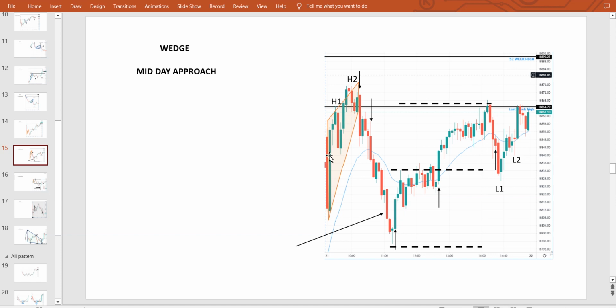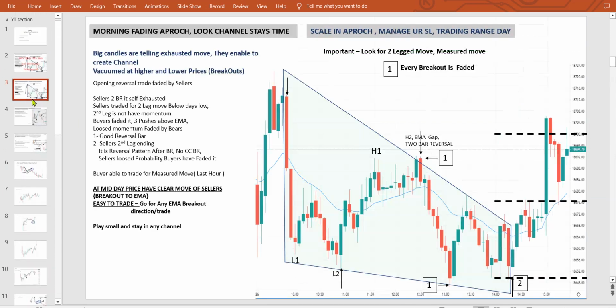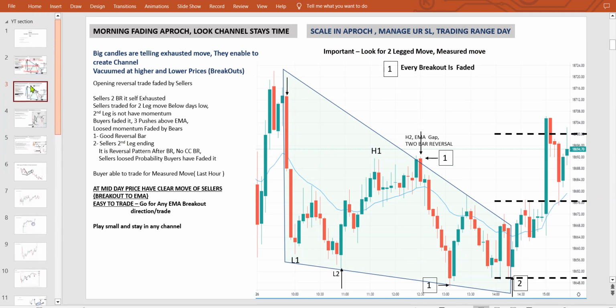But this bull bar is itself in an exhausted mode, so there is no bull bar of this type following ahead. So here the fading approach is also traded. I also have two or more examples like that, so we will discuss them at the end of the video.